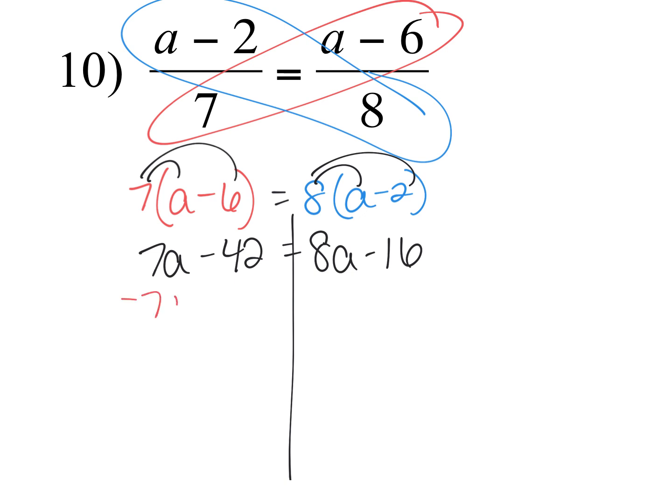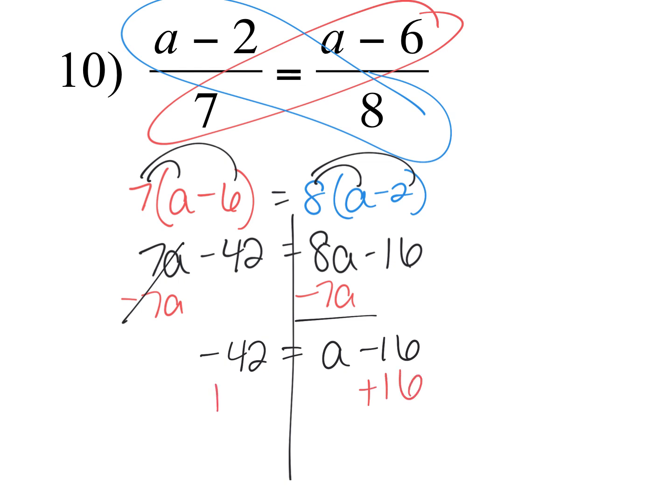I'm going to subtract 7a, minus 7a. Those cancel, so I have negative 42 equals 1a, or just a, minus 16. All right, add 16 to both sides, and you get what is that? Negative 26 equals a.